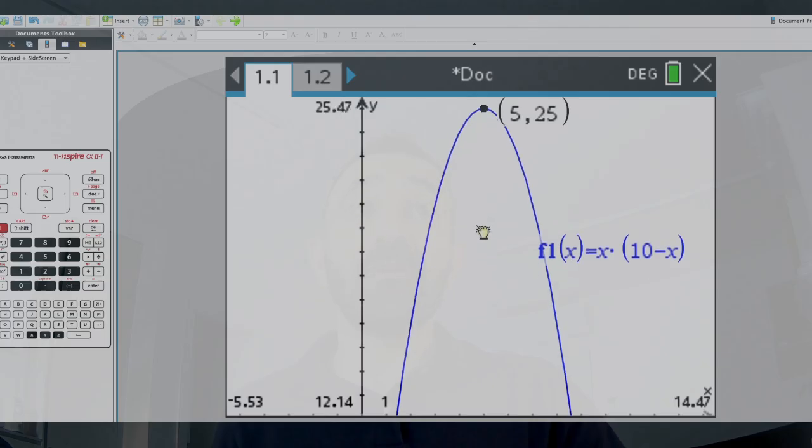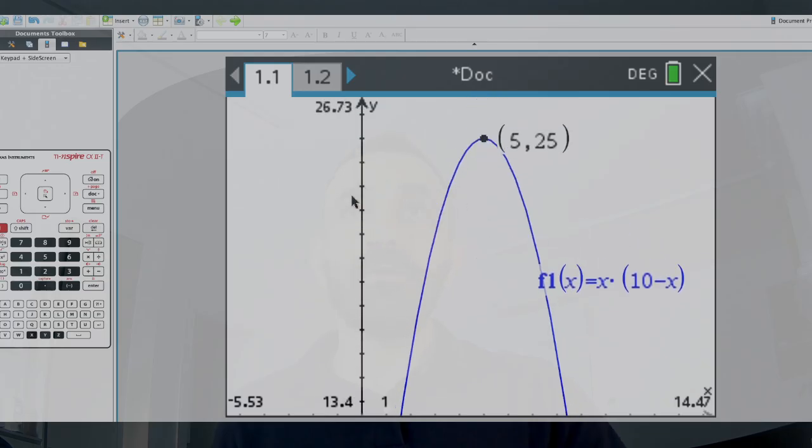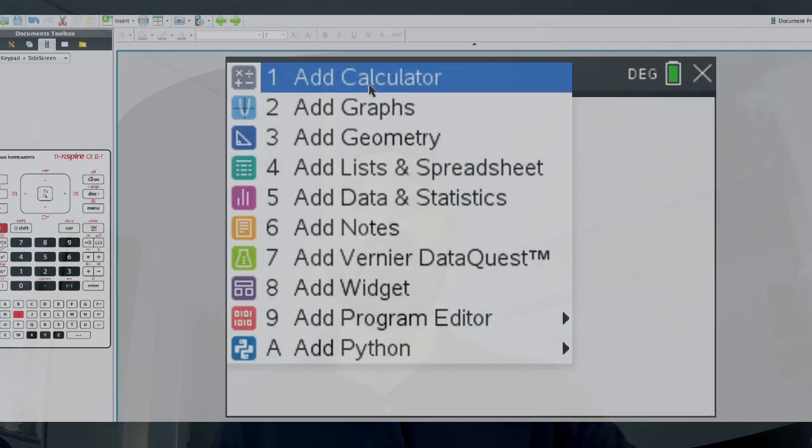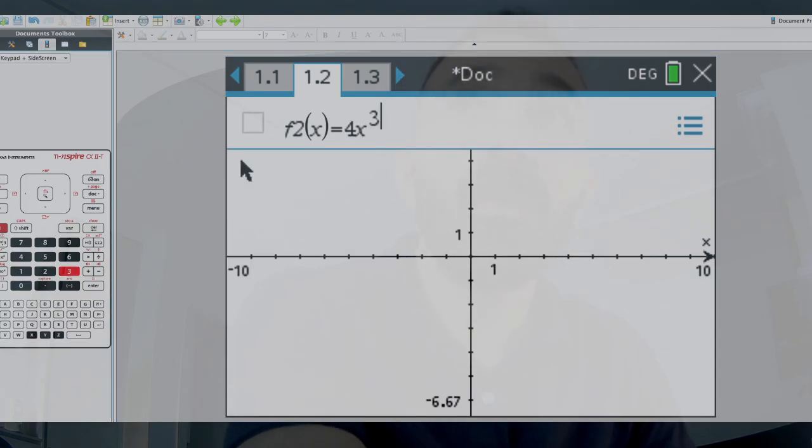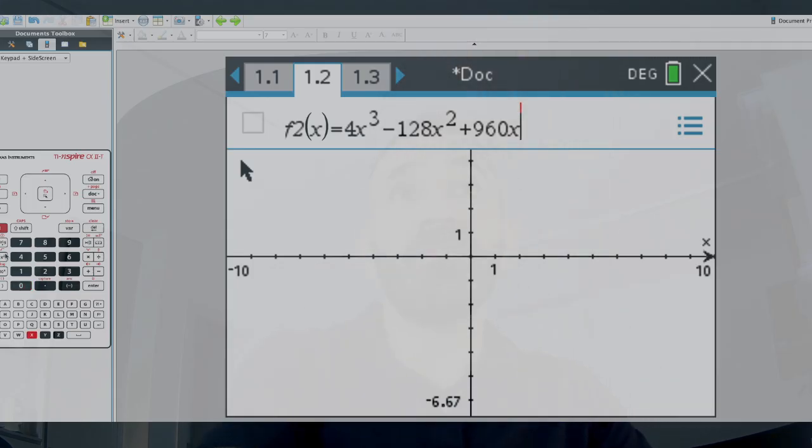So add graph. What is my function? 4x to the power of 3 minus 128x to the power of 2 plus 960x. Okay, this is my function.